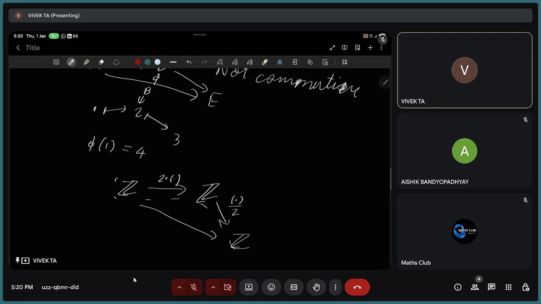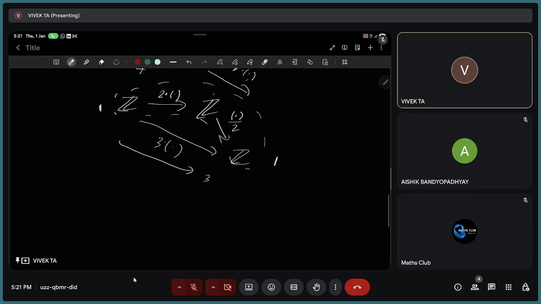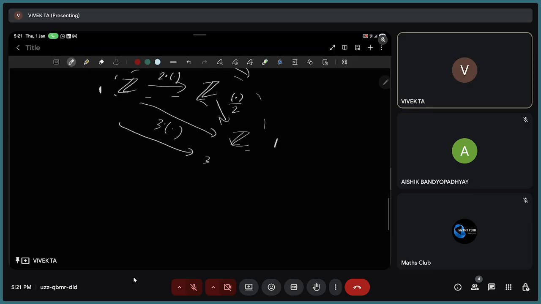This whole thing is the same as saying it's the identity map. It's just 1 times the value. But if I define this to be 3 times the value, these two maps are not the same. If you take input one here, going through this path gives you output one only. But if you go through this path, you get output three. And hence, this is not a commutative diagram.